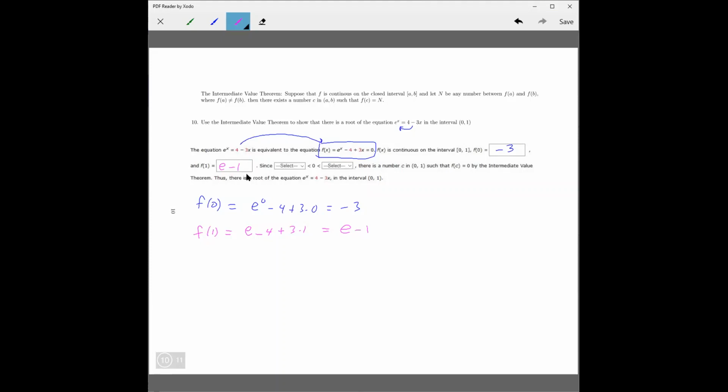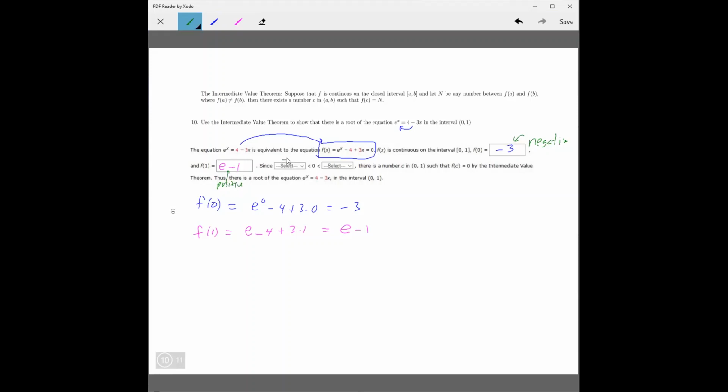We know that e is approximately 2.7 something, so e minus 1 is going to be 1.7 something, which is positive. And this is negative. Notice that this is negative, and this is positive. That's important right there.